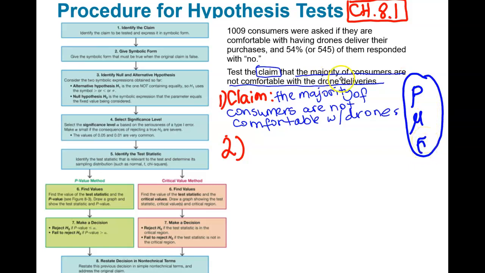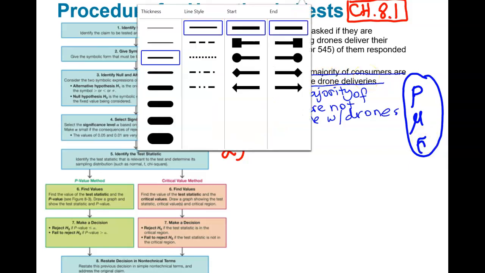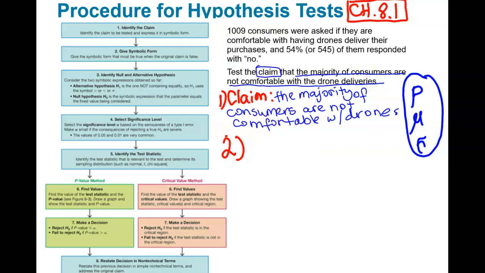Well, since we're talking about the proportion of people who are not happy with the drone deliveries, that means we are testing the claim about the population proportion P. We claim that the majority are not happy. What is the majority? Majority is more than 50%. 50% in decimal form is 0.5. So here's our claim: the majority are not happy with the drone deliveries.